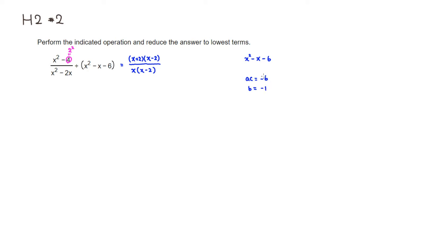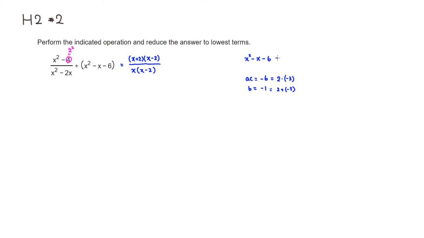We have to find two integers whose product is negative 6 and whose sum is negative 1. We can easily see that this is going to be positive 2 times negative 3. You can see that 2 plus negative 3 gives you negative 1, and 2 times negative 3 gives you negative 6.